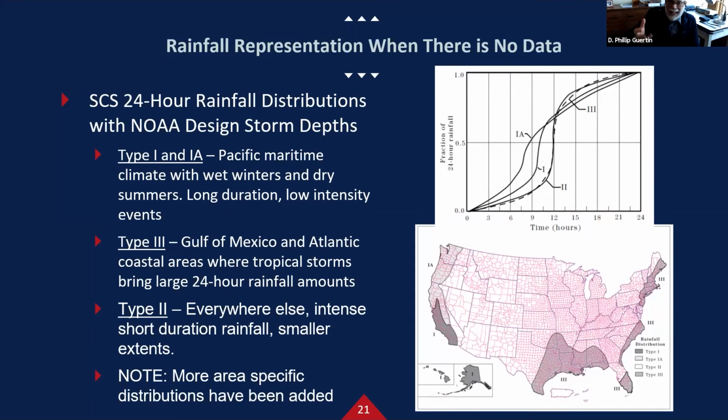Okay, this is a design event. Luckily, most of the United States is a type 2, which essentially includes Arizona and Colorado and New Mexico, etc. You have slightly different distribution types on the coast.